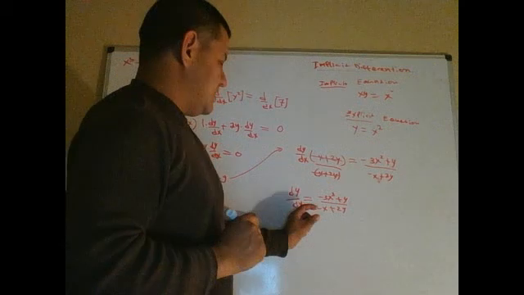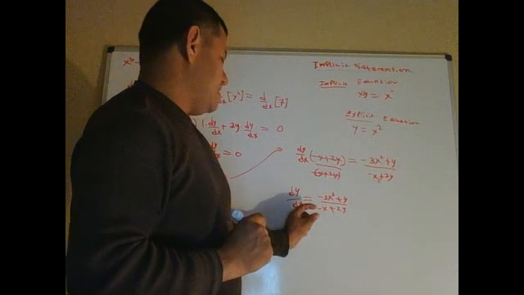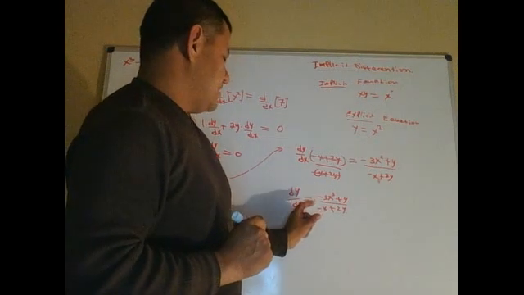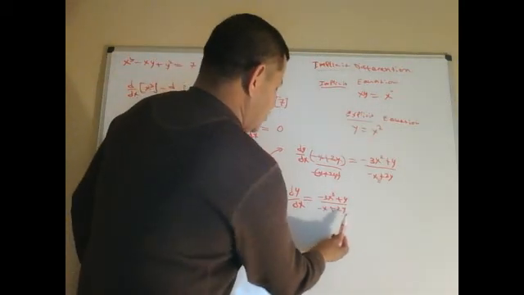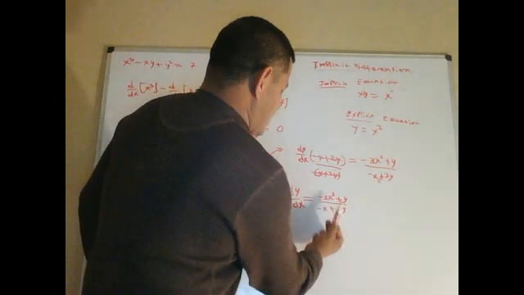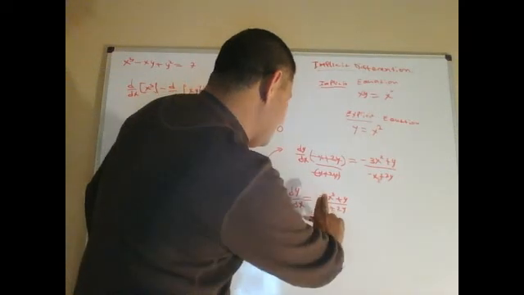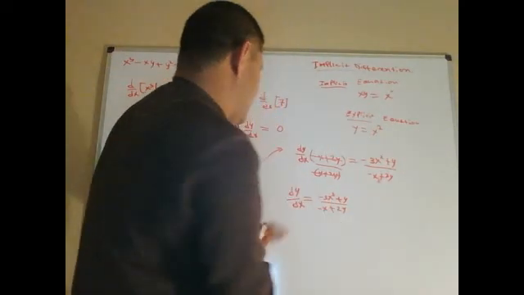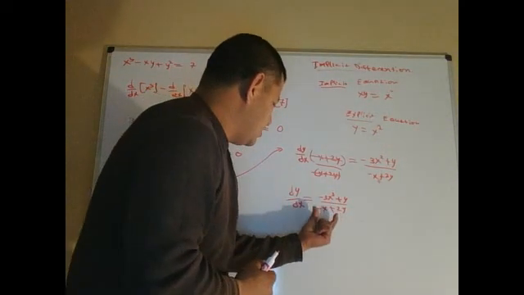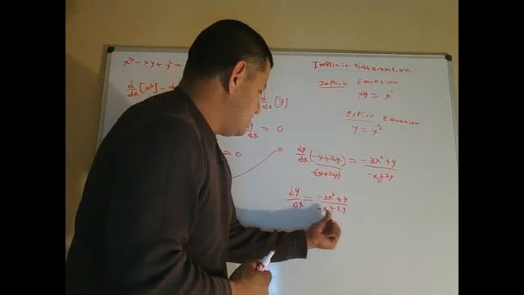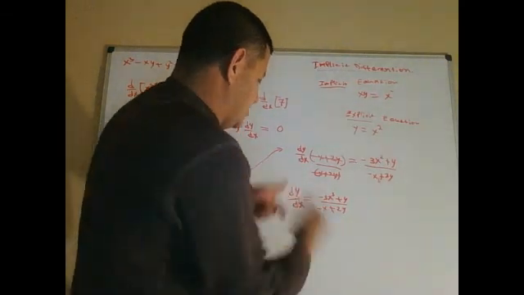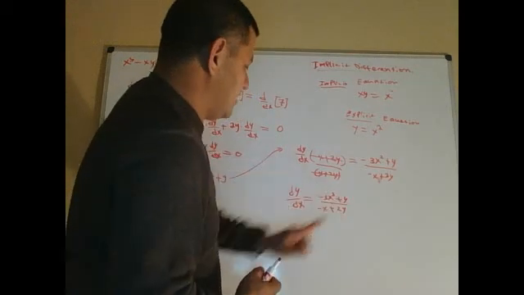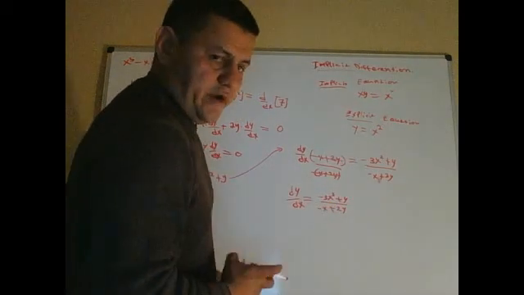Now this whole piece can be rewritten. I don't like the negatives over here, so all I can do is just switch them around and get the y in the front, right?